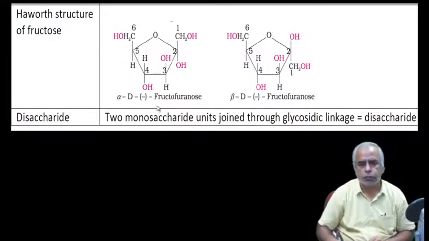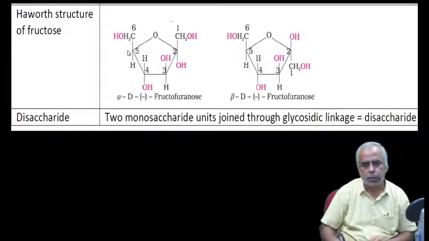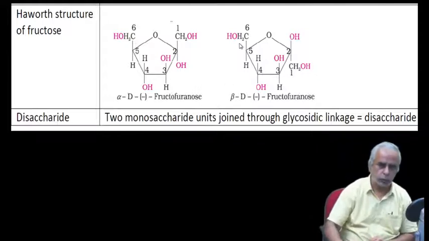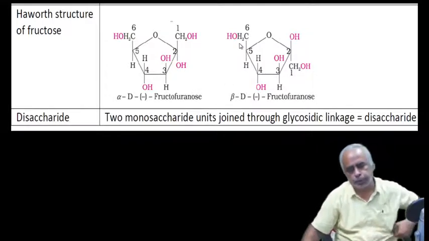This is known as fructofuranose, alpha D fructofuranose. As I already mentioned, if the OH is downward, that is alpha. When it is reversed, that is upward, then it is beta. So alpha D minus fructofuranose, beta D minus fructofuranose, and this is the Haworth structure.